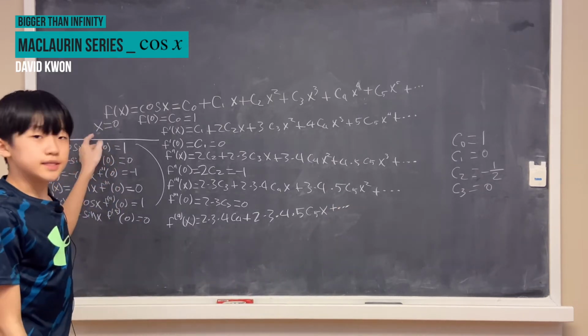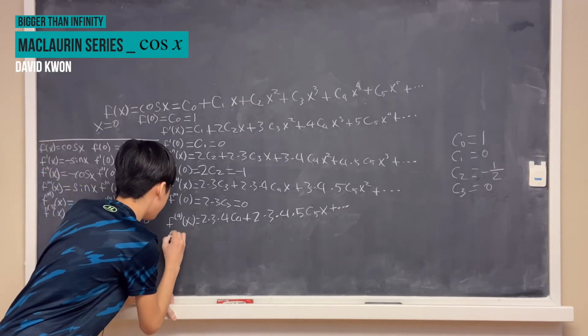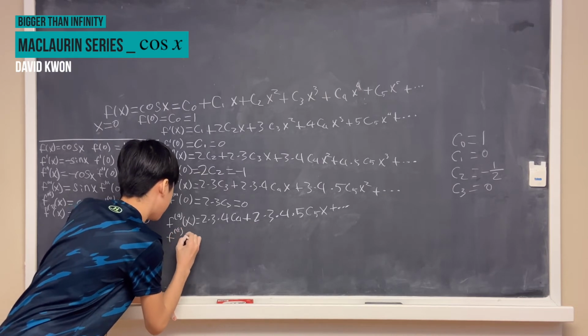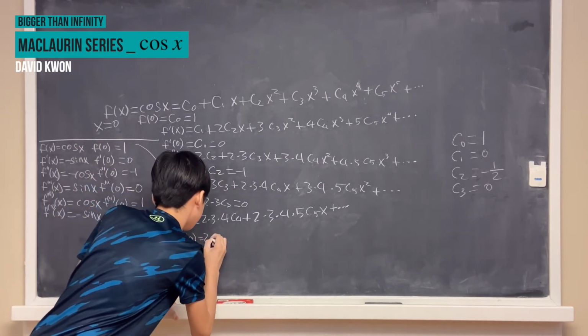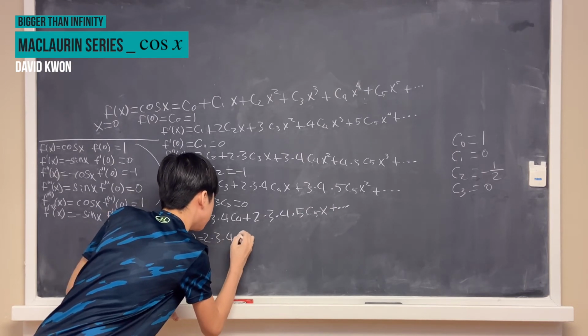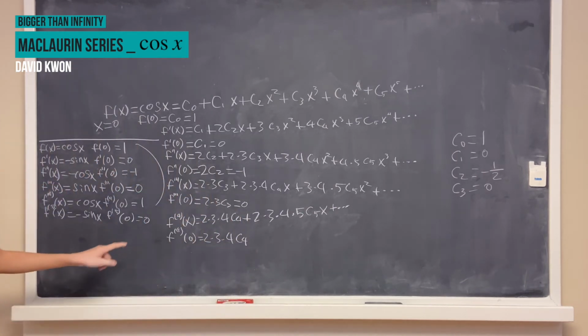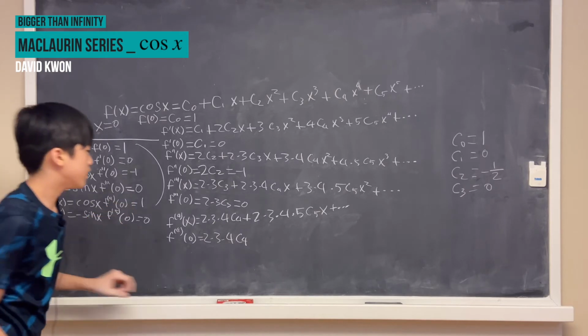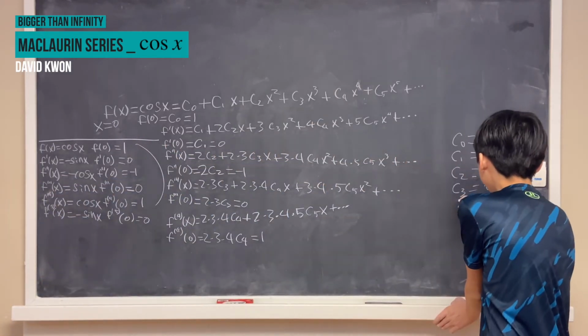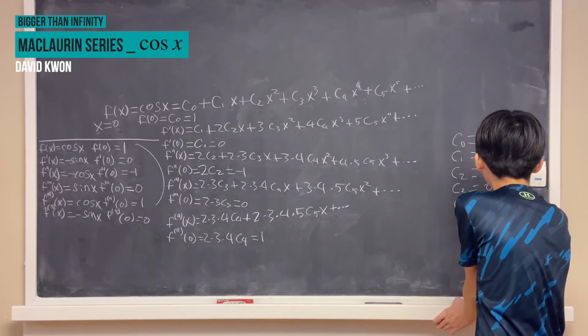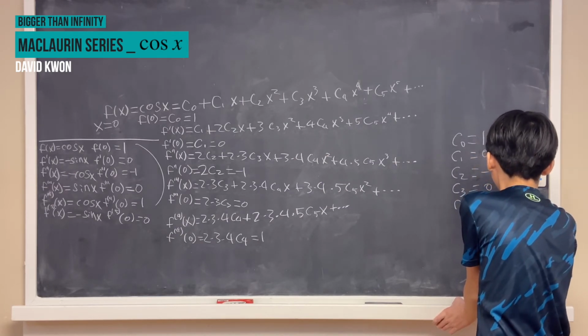Now replacing x as 0, we have f to the power of 4, 0, which is equal to 2 times 3 times 4 times c sub 4. And here it says that f to the power of 4, 0 is equal to 1, so our value for c sub 4 is equal to 1 over 2 times 3 times 4.